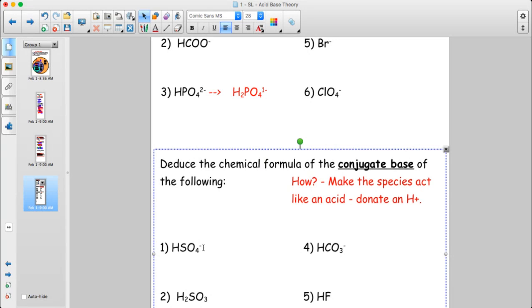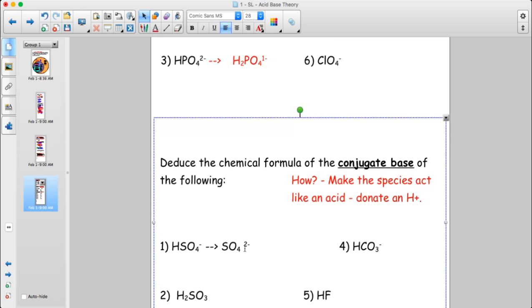So if this thing is going to act like an acid, it has to give away an H plus. So then it's lost that H. So now it's SO4, and instead of being 1-, it's lost another charge, and so now it's going to be a 2- ion. So when this thing acts like an acid, it turns into SO4 2-. So this is the conjugate base.